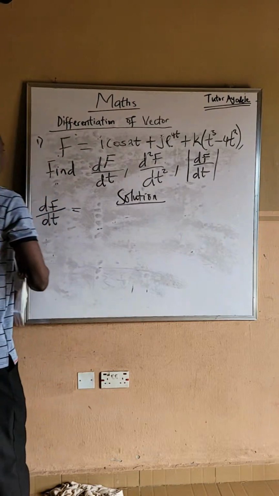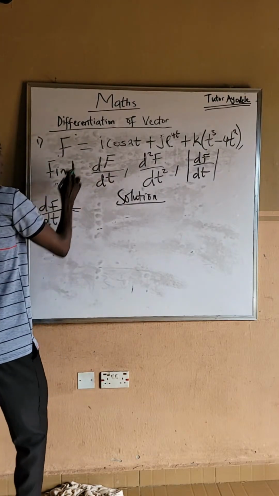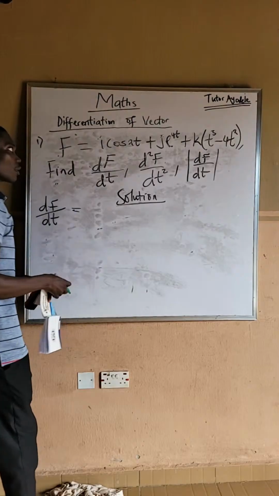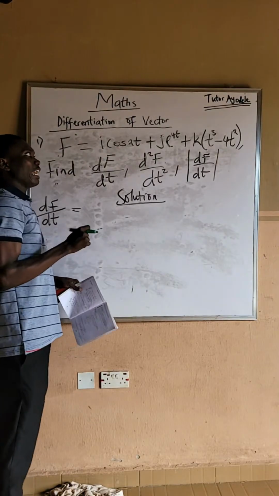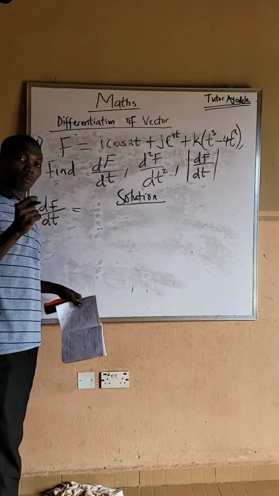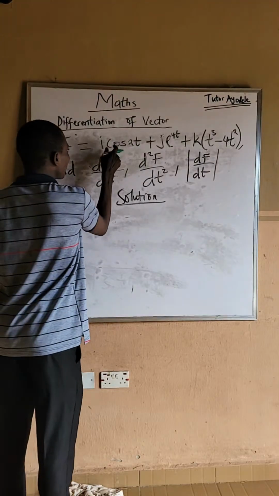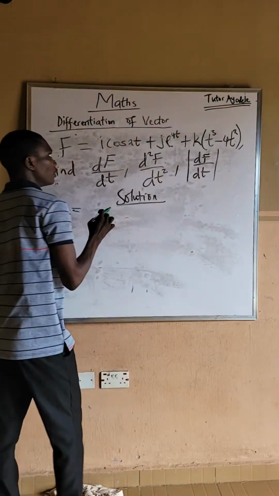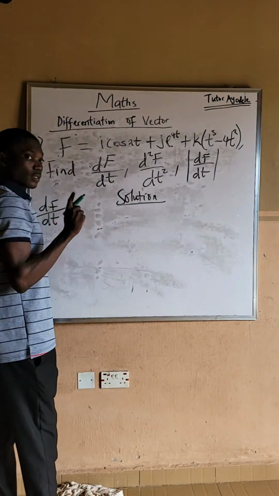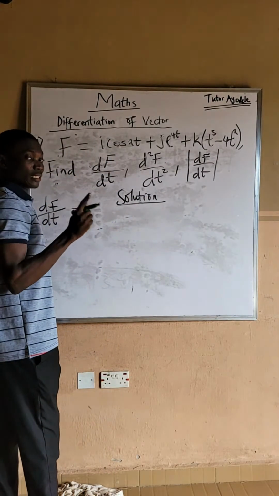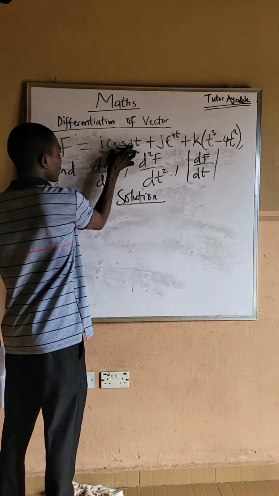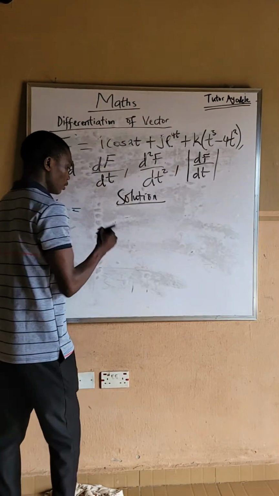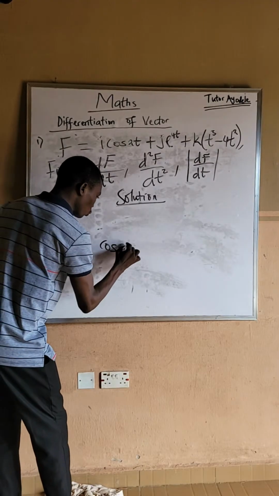Now if I'm to differentiate this, here you need your knowledge of trigonometry. When you differentiate this, forget about the i, the j, and the k. They show direction. I've said this earlier many times. So what we are concerned with is cos 2t.